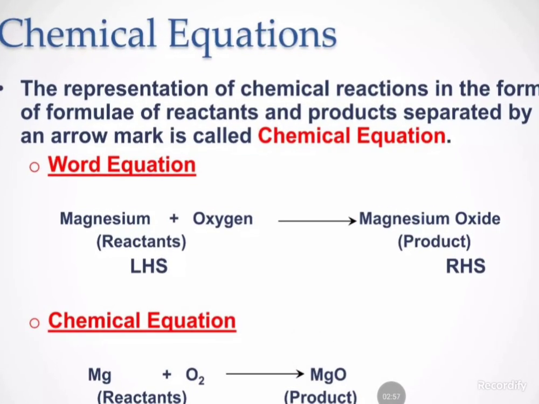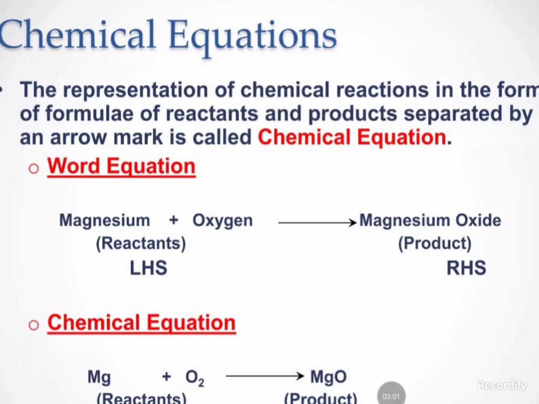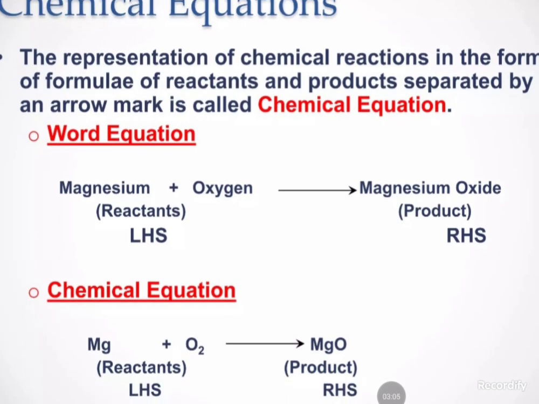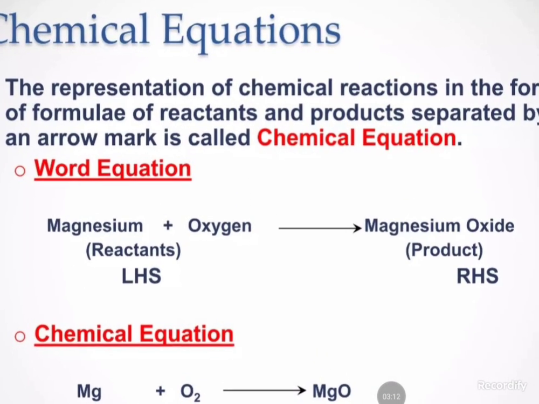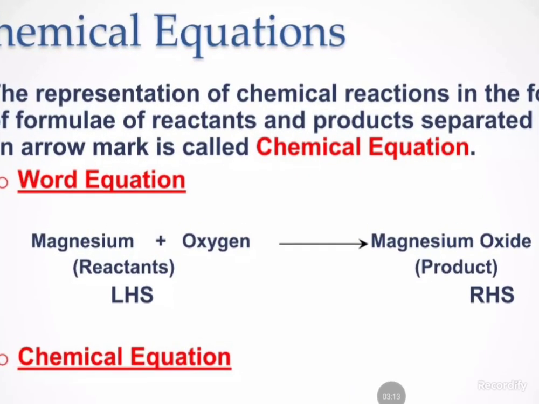We already learned in 9th class that matter can neither be created nor destroyed, according to the law of conservation of mass. In the same manner, depending on the law of conservation of mass, the chemical equation is represented with a left hand side and a right hand side. LHS means left hand side, RHS means right hand side. Suppose we take magnesium ribbon.